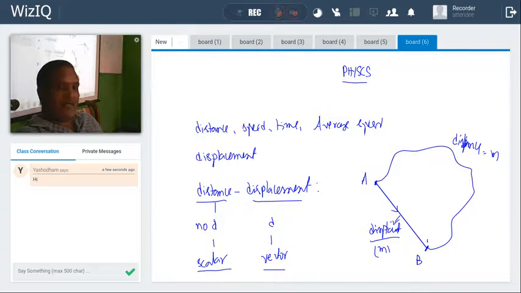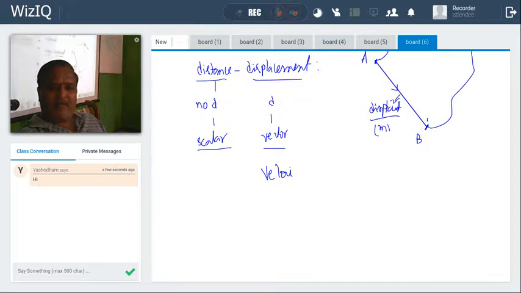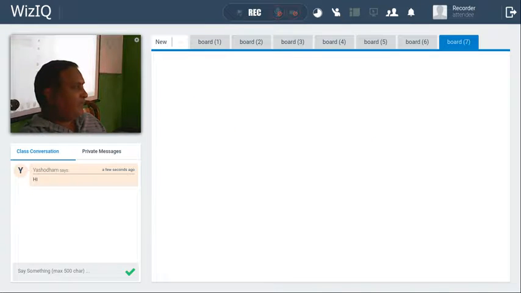So velocity has a direction. It goes in the direction of the displacement. Speed is related to the distance. Velocity is related to the displacement. If the speed has a direction, then we call that speed a velocity.